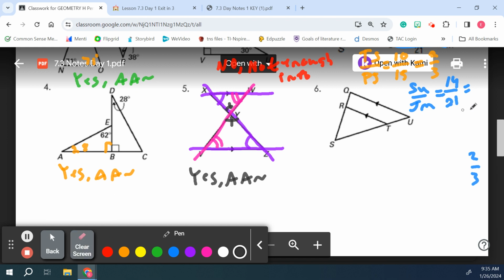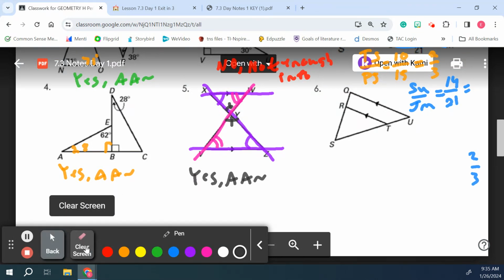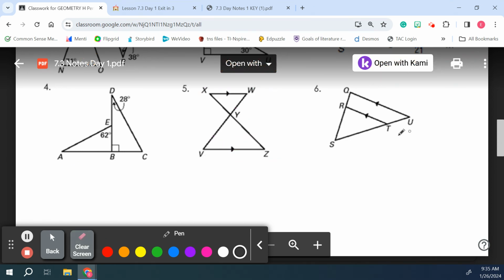All right, now we're getting to the fun one. I love this one. I really do. I'm going to erase this though. Is anybody still writing? Okay. All right, so let's take a look at this guy. What do we notice right off the bat? Connor, what do you think? What do you see?